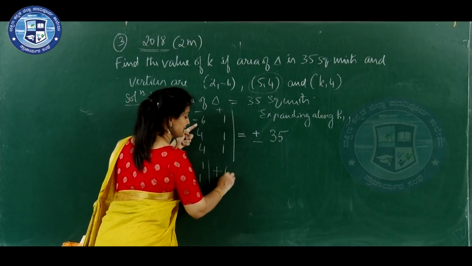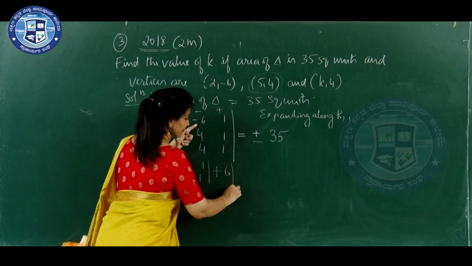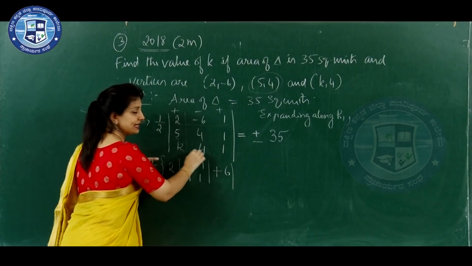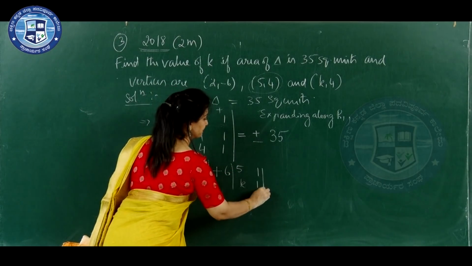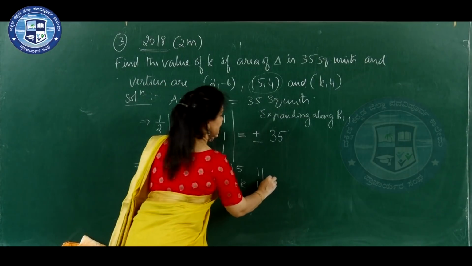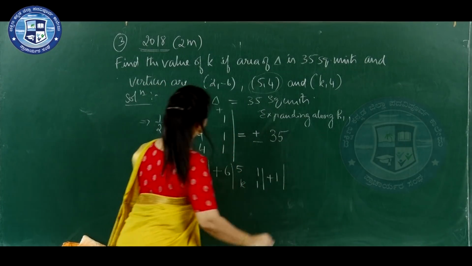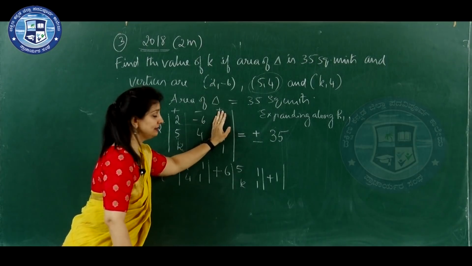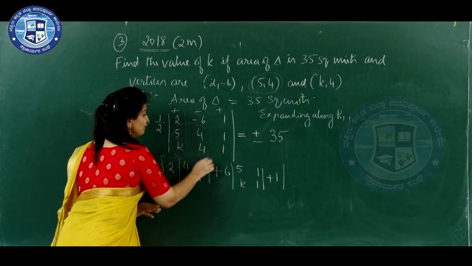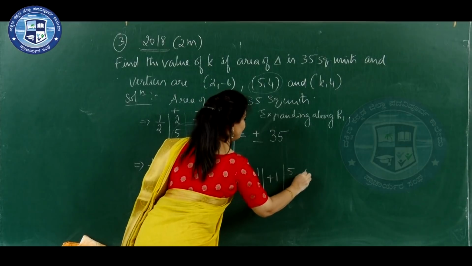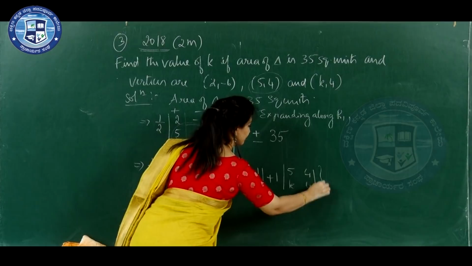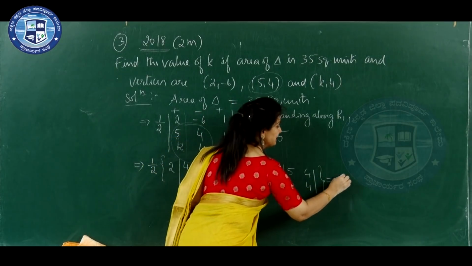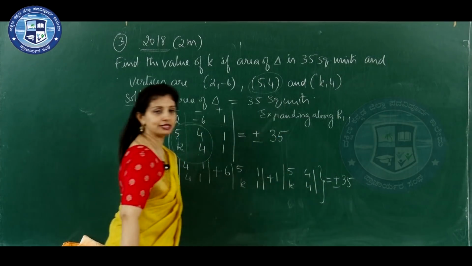So, minus of minus, plus 6 into, delete first row and second column, we get the elements 5, 1, k, 1, plus third element is 1, delete the first row and third column, the elements so formed are 5, 4, k, 4, is equal to plus or minus 35.